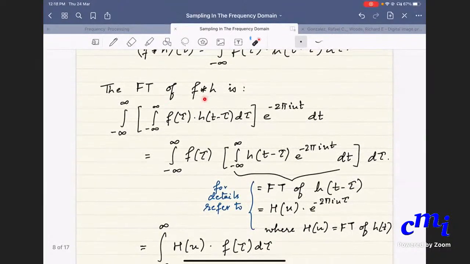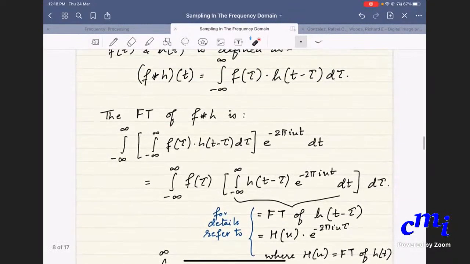The Fourier transform of this convolution is just our usual Fourier transform formula applied to this entire thing. You take its integral from minus infinity to infinity of the function times e raised to minus 2 pi i u t dt. Now we simplify.